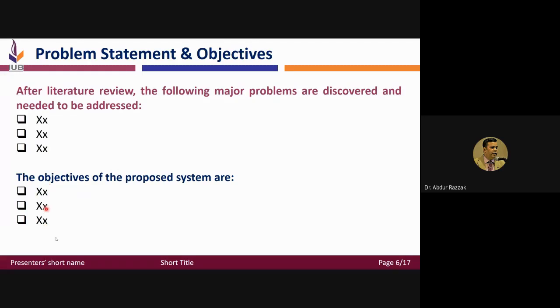So put that objective over here. The objective of this proposed project is this. Make sure that if you write 1, your target is 1. If you write 2, your target is 2. If you write 4, your target is 4. How many of these you can implement, we can see after 1 year.